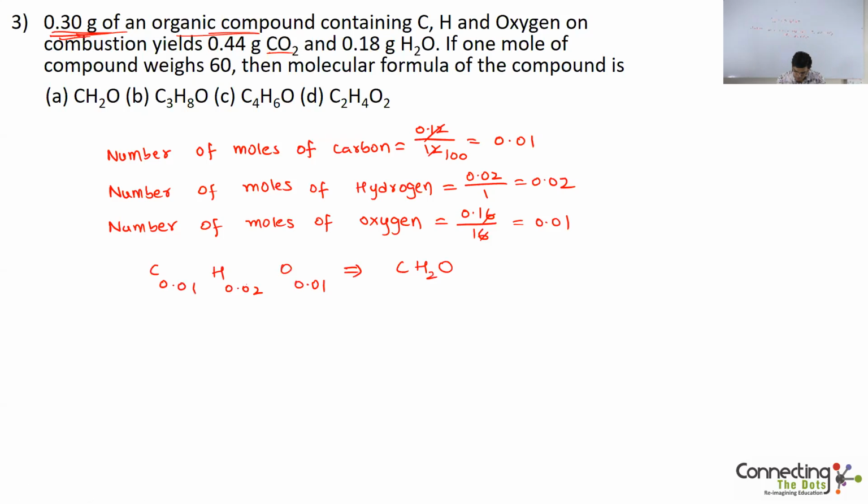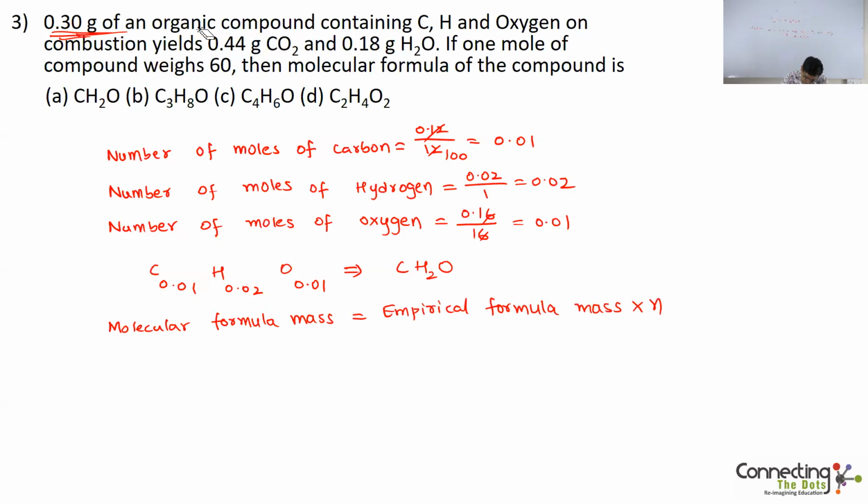Now, how to calculate the molecular formula? So you have a formula: molecular formula mass is equal to empirical formula mass multiplied by N. Molecular formula mass is given in the question.